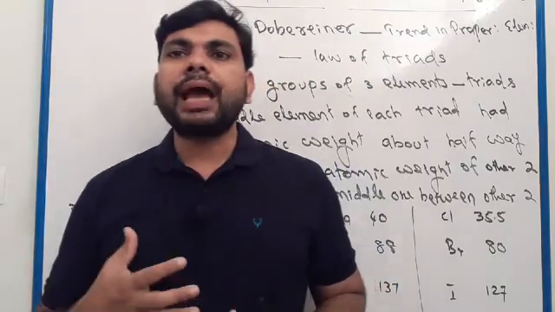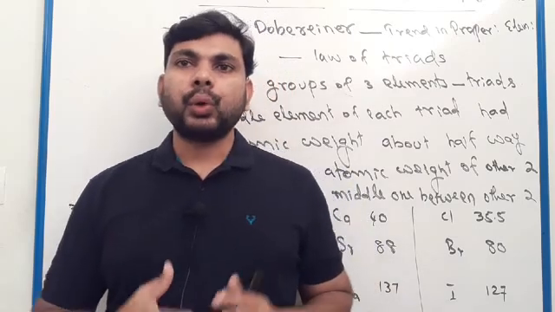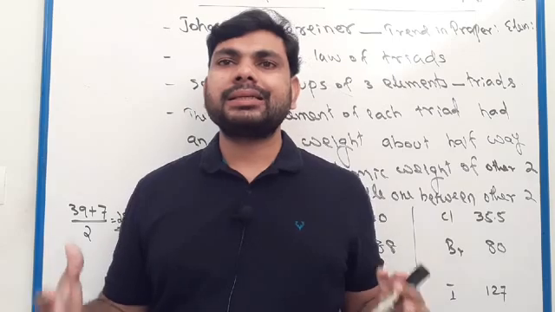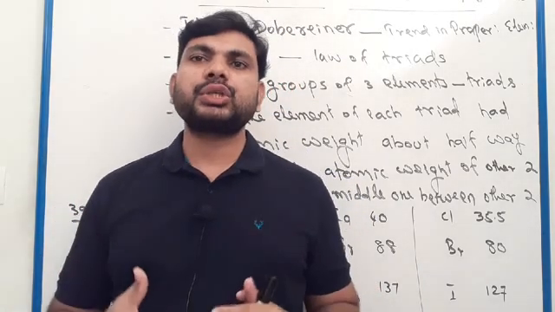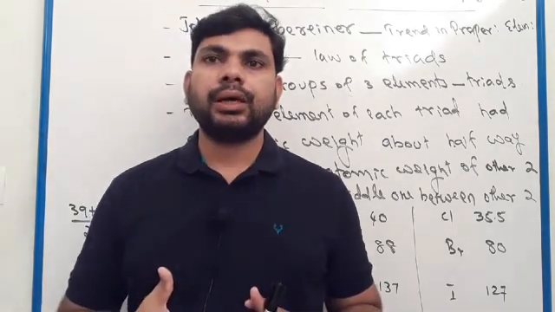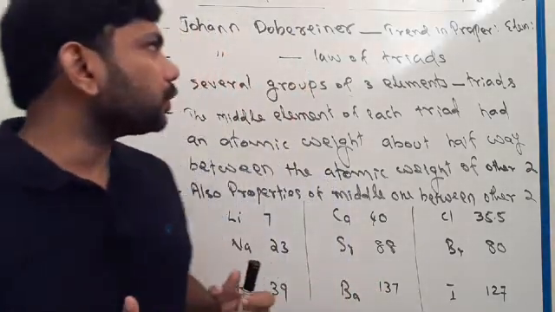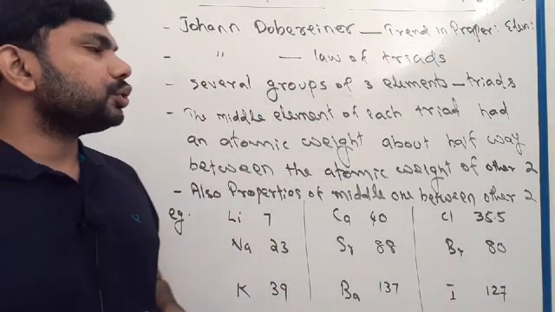Okay, next we have to discuss the genesis of periodic classification, the origin of periodic classification. Many scientists did experiments and observations to classify elements. Here first we have to understand the important name Johann Dobereiner.